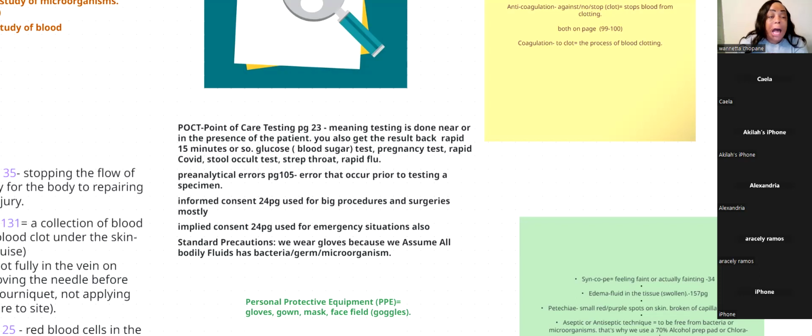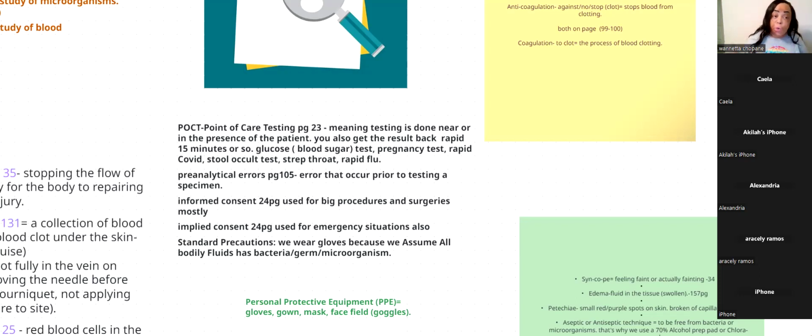Let's just say you went out of the order of draw. Let's just say you drew blood on the wrong patient. Okay, you don't want to make any pre-analytical errors, but that's what that medical terminology means. So it's there for you to have an understanding of what pre-analytical error means. It means any error that occurred prior to the blood being tested.